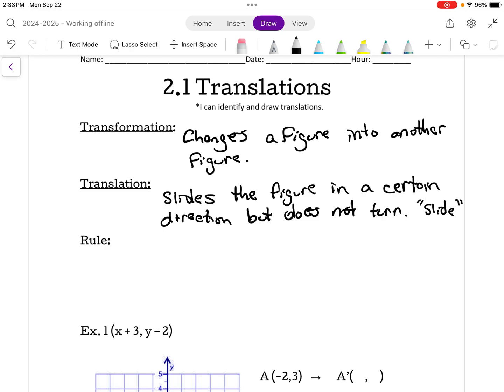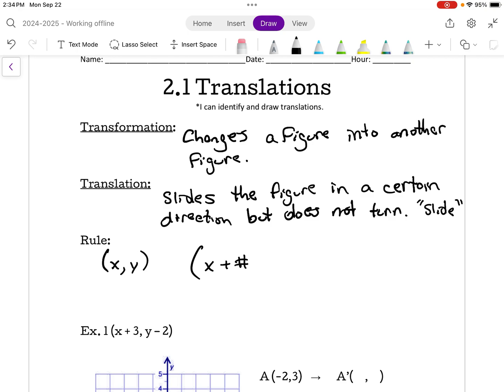Okay. The rule for translations, and pay attention to the rule because a rule will need to be put on a lot of our tests and quizzes. Rules oftentimes start with, if you have an XY point and then you need to translate it, you're going to translate it whatever the X value is. So we would say X plus whatever number you move it.